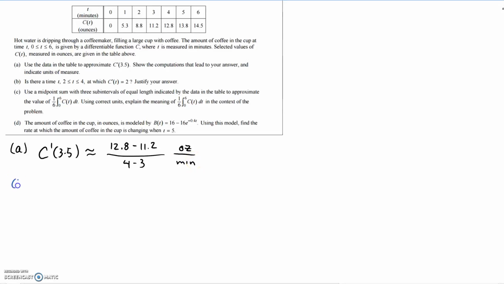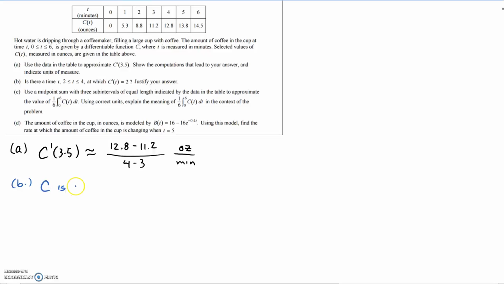Moving on to part B. Part B says, is there a time for t between 2 and 4 at which C prime of t equals 2? So because the table gives C values, and they're asking about a C prime value, then that's the indicator that this is a mean value theorem type problem. What they tell us is that C is differentiable.